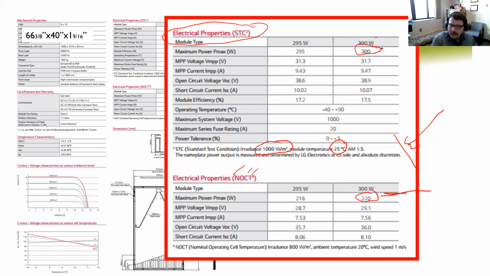So we base really everything off of the standard test conditions number, because that's the number that we know. And when I say I have a 4 kW solar array, I'm using that based on the standard test conditions number. So just a little background: when we think about numbers, we're basing it on standard test conditions, and we're not likely going to see that very often in the real world.